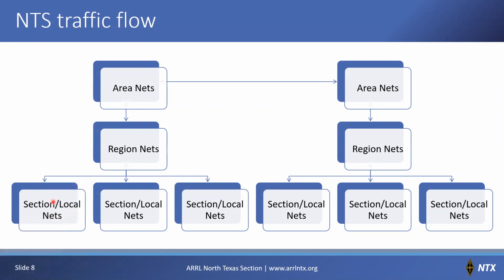Here it is. So like incidents, traffic generally starts and ends at the local level. So generally you would bring traffic to a local net. And then if it's headed out of the area, it would start to work its way up to a more regional net. And when you think regions, like here in Texas, there are some Texas nets. It also can go by region. So we have like region 5, like think in your call sign.